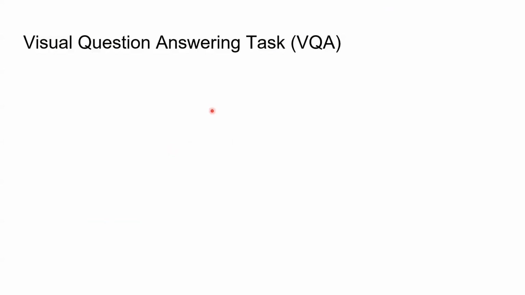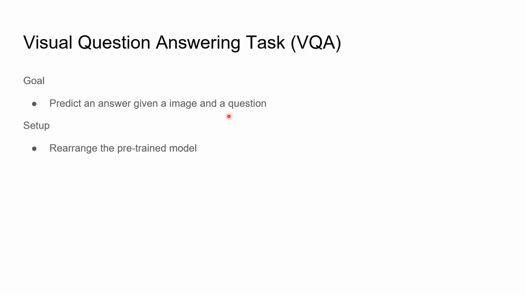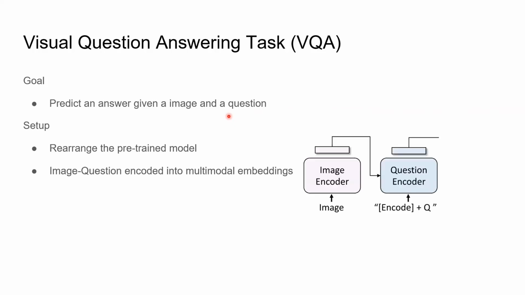So of the tasks that the paper covered, some of them required the architecture to be altered slightly. There were 3 of those. This is the first one. This is visual question answering. So the goal of visual question answering is to predict an answer given an image and a question. To set this up, they had to rearrange the pre-trained model. The image question pair was encoded into multimodal embeddings, as you can see over here.